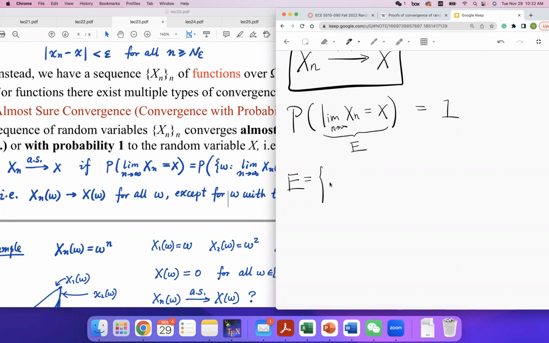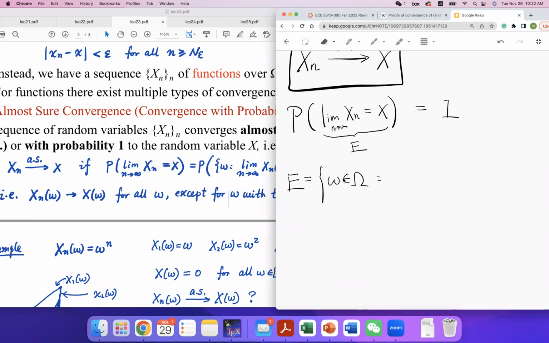So precisely, this event means that we're looking at the set of all outcomes from the omega space, right?